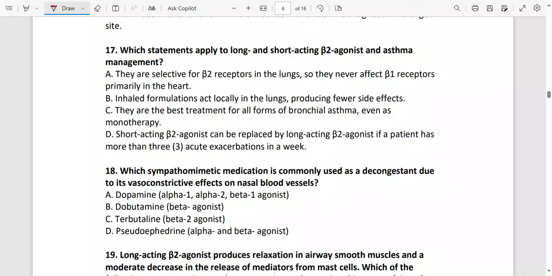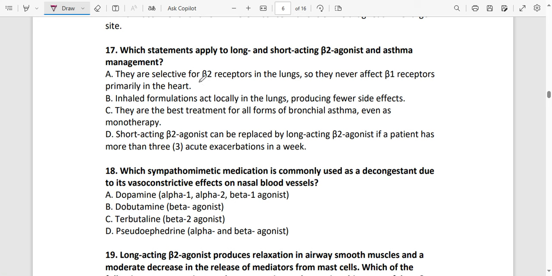Okay. Let's look at this. Which statement applies to long and short acting beta 2 agonists? We can analyze each statement so that we get it properly. A is saying they are selective for beta 2 receptors in the lung, so they never affect beta 1 receptors primarily in the heart. Is that true? Remember, we said that yes.